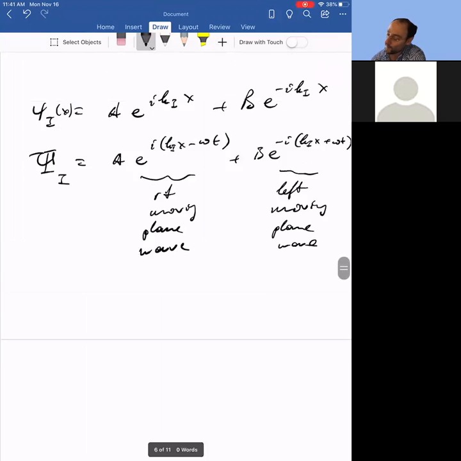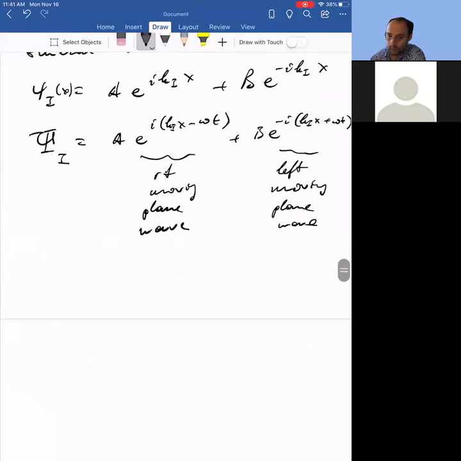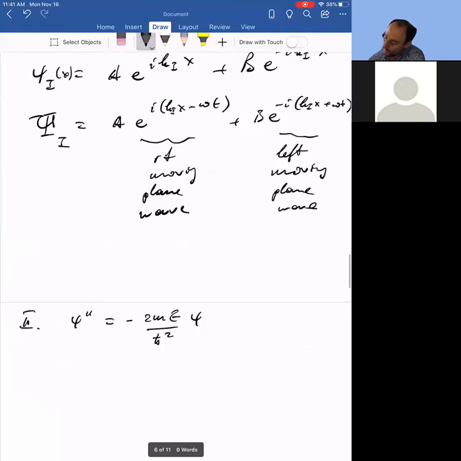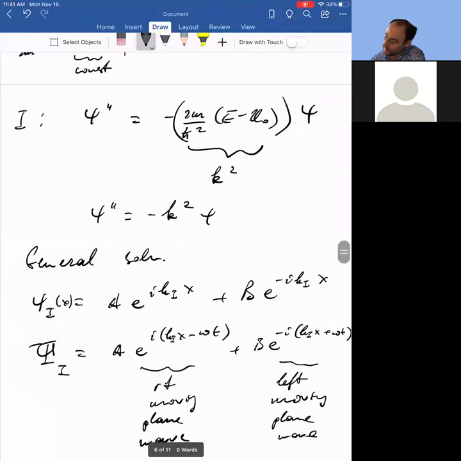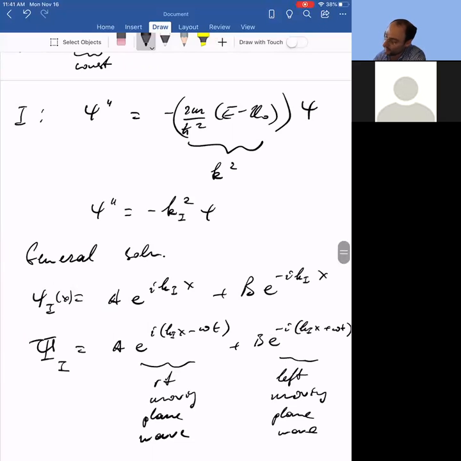Okay, so in region 2, region 2 is simpler. You have psi double prime equals minus 2mE over h bar squared psi. I'm going to call this k1, the wave number in region 1.